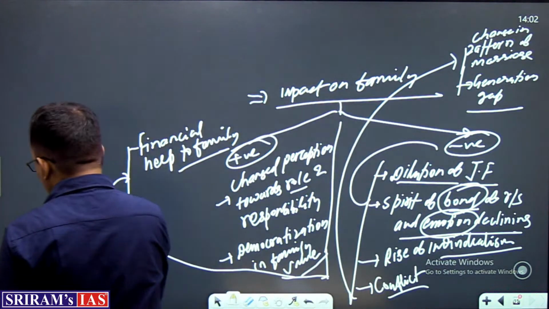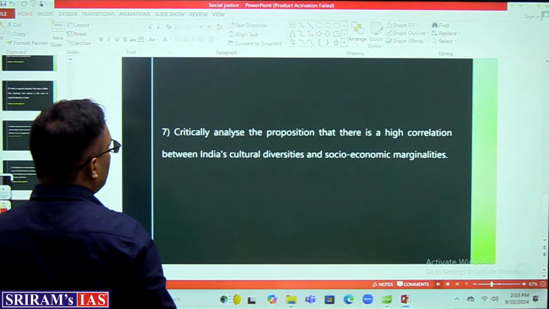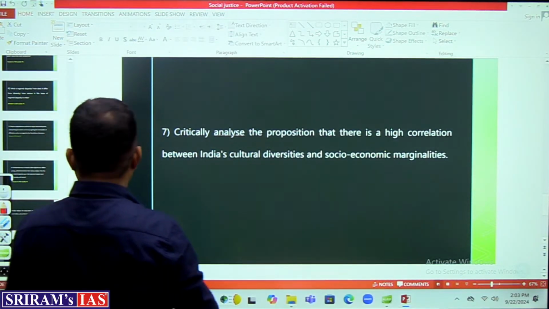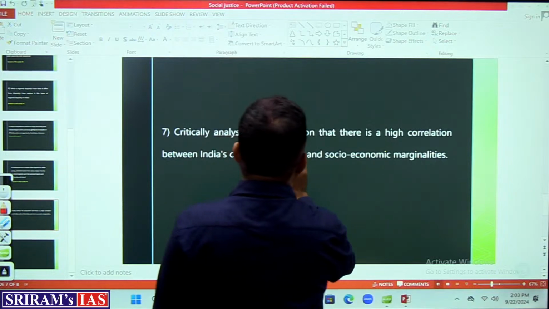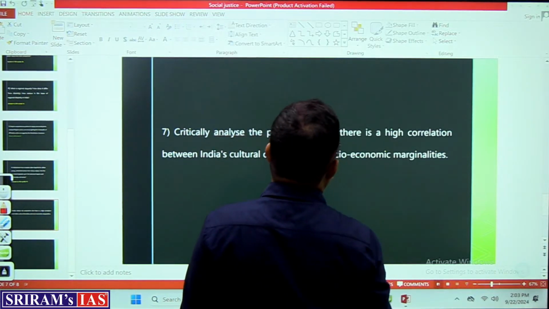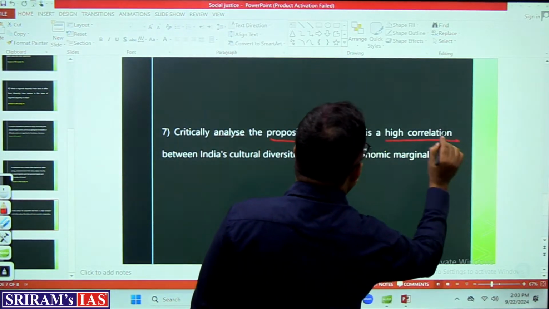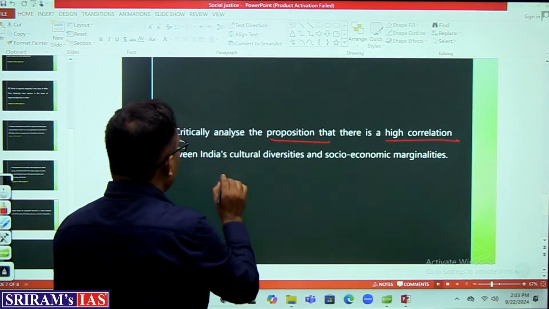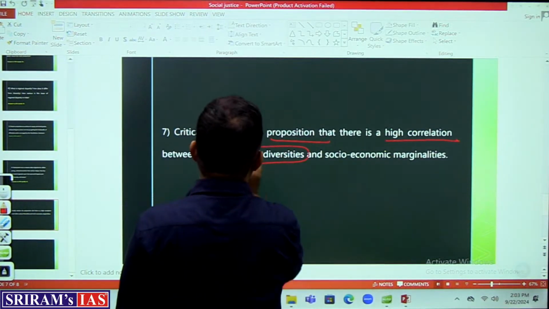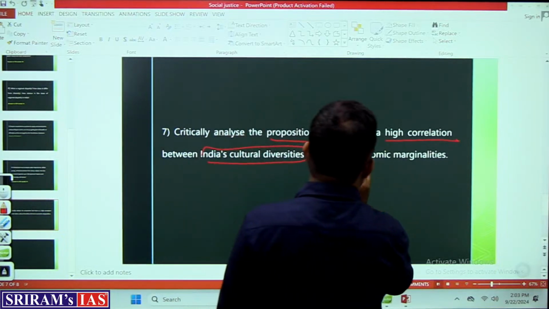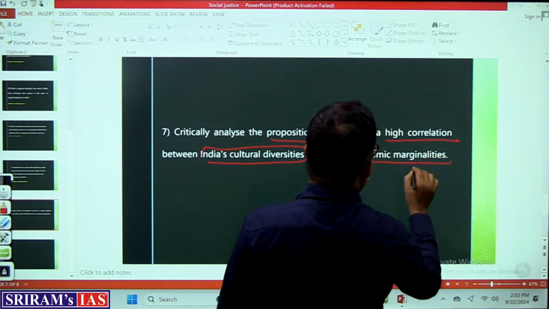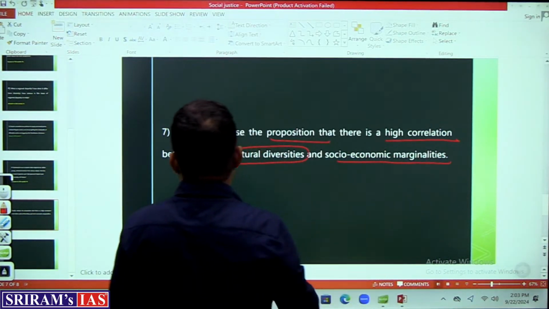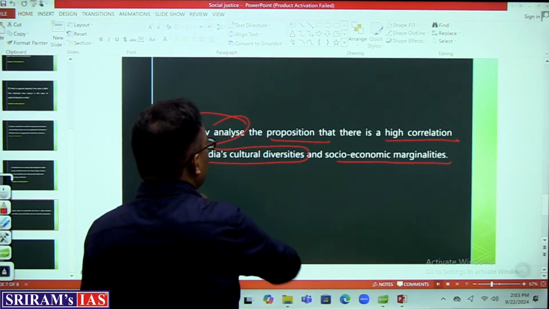Now the next one is the last but not least, one more question is left. Let us go. Here it is: critically analyze the proposition that there is a high correlation between India's cultural diversity and socio-economic marginalities. Critically analyze, one word is there.